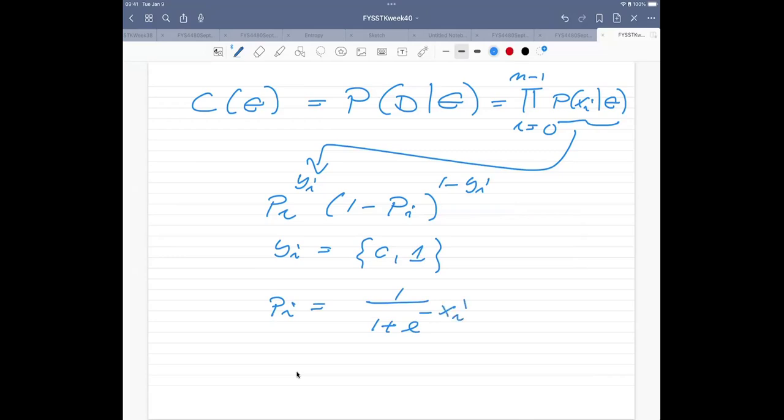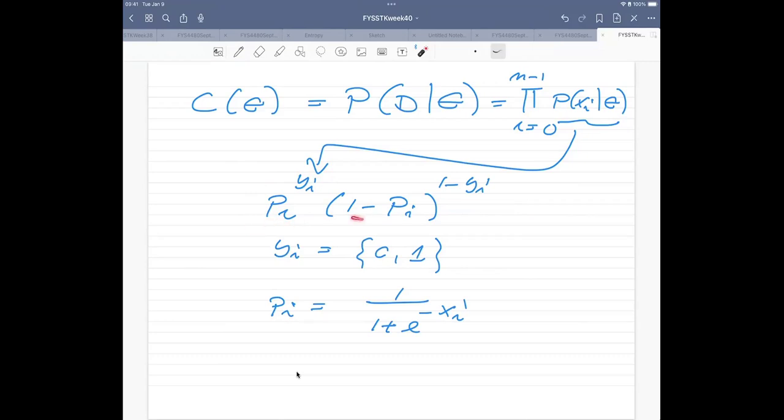So what we are doing now is that for every y of i, which can take either value 0 and 1, we are using the properties of what's called a binomial distribution. So we have the possibility to take into account both types of outputs. And you see now that if y is equal to 0, then we have simply P to the power of 0, which gives us 1 here.